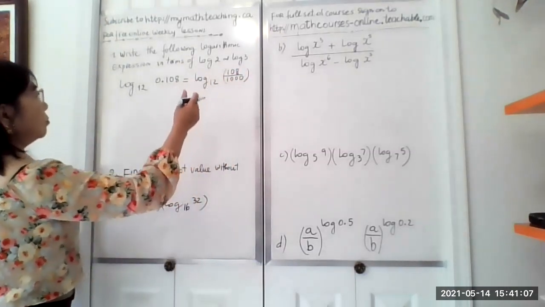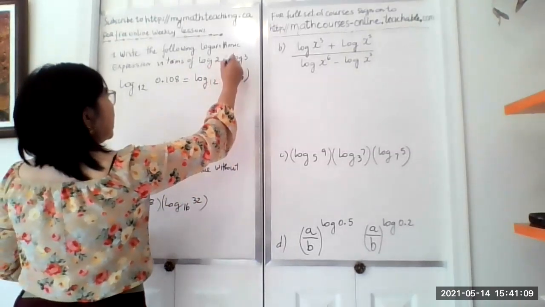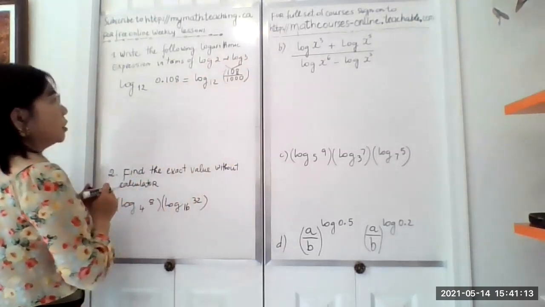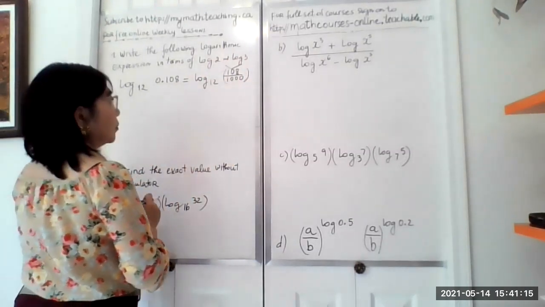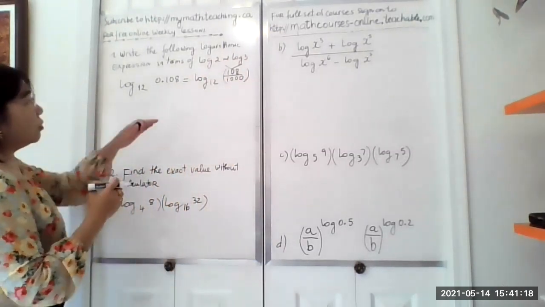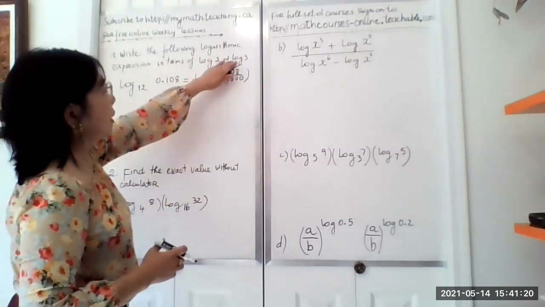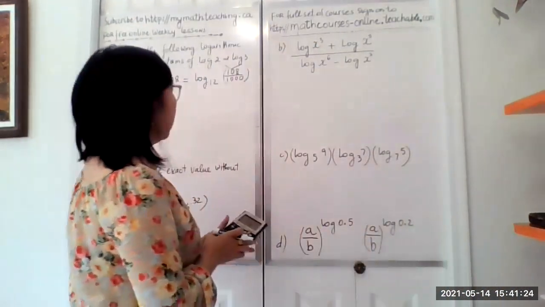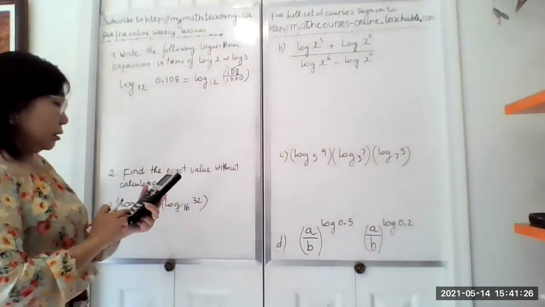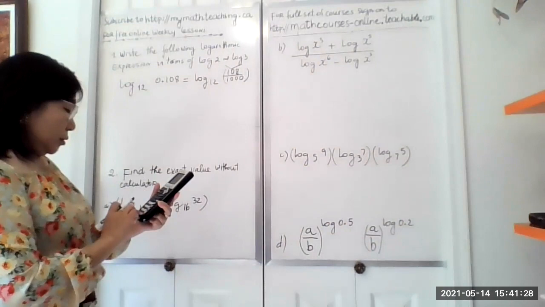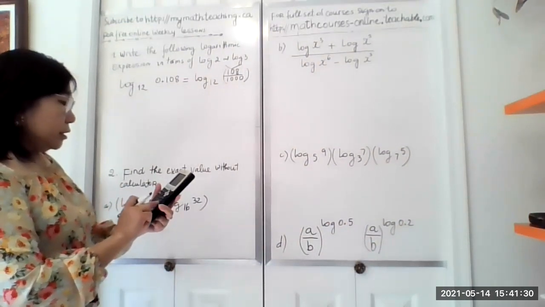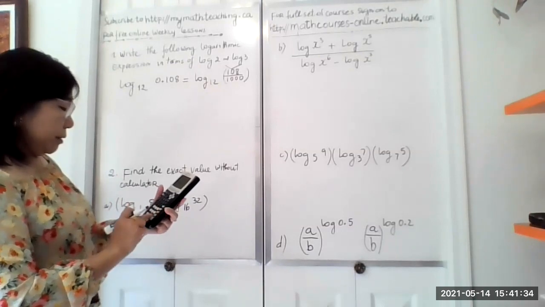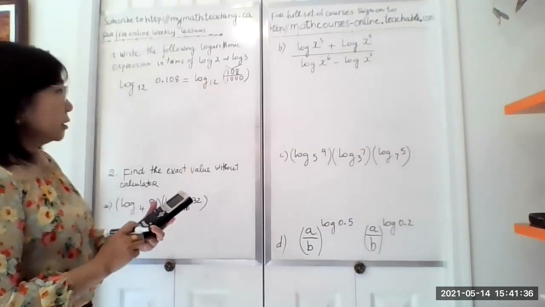So now we also can split the 108 by dividing it in terms of log 3 and log 2. So let's say if we divide 108 by 3, 108 divided by 3, what do we get?